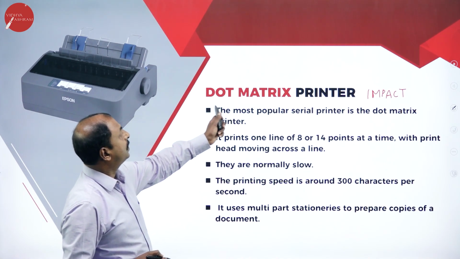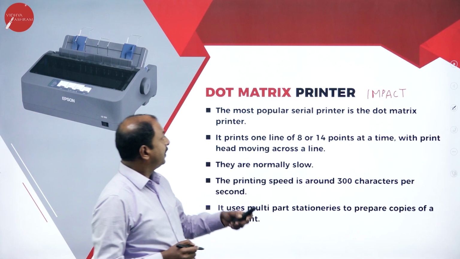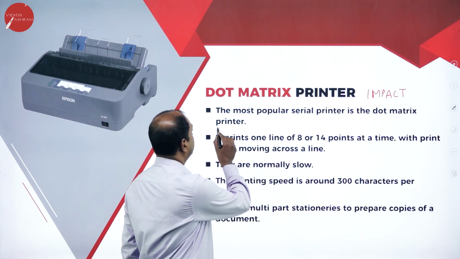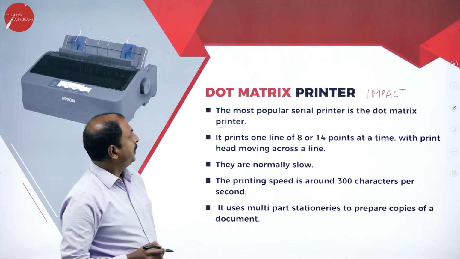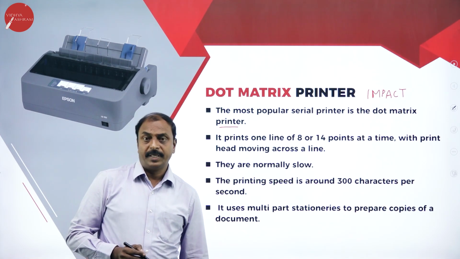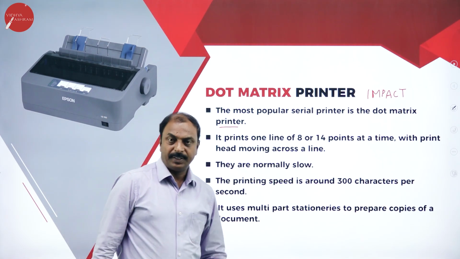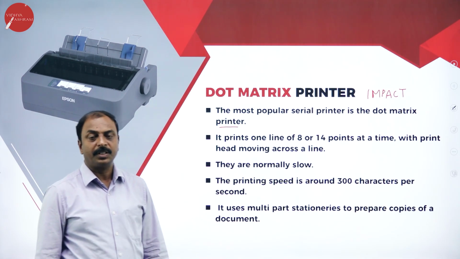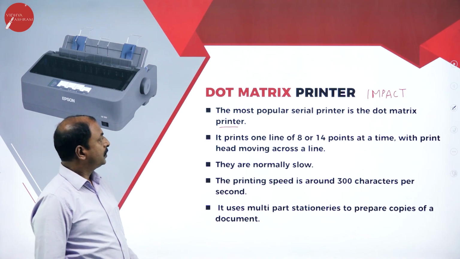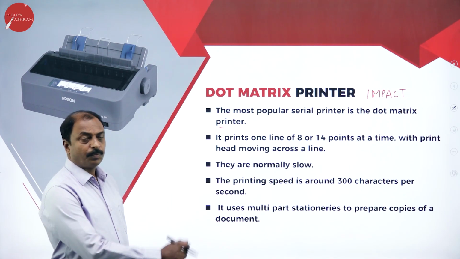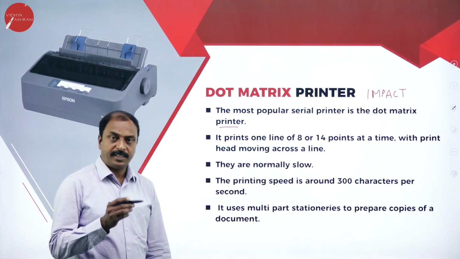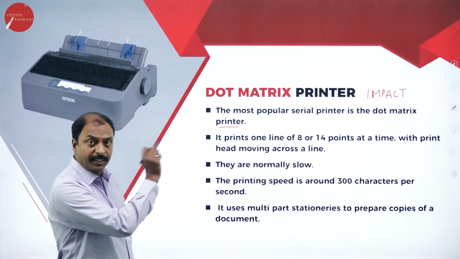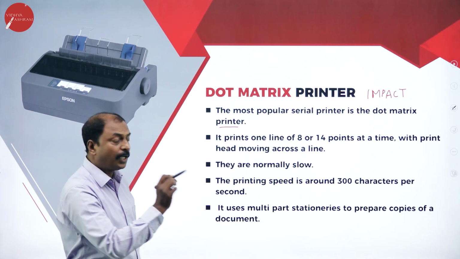The most popular serial printer is the dot matrix printer. These impact printers, or dot matrix printers, are used to print the information in the form of dots. So you might have seen that if you want to print a letter A, in impact printers or dot matrix printers, it is made up of dots.